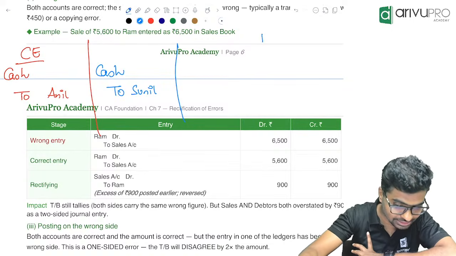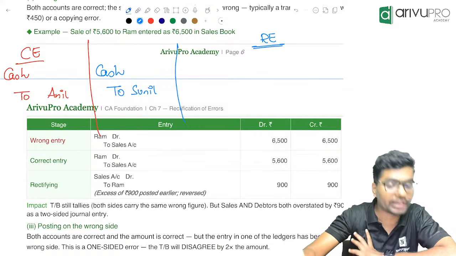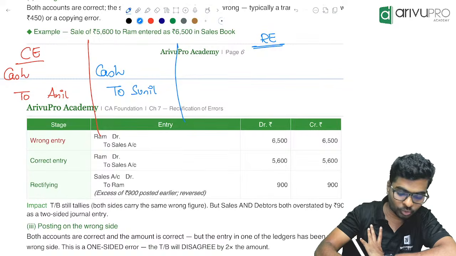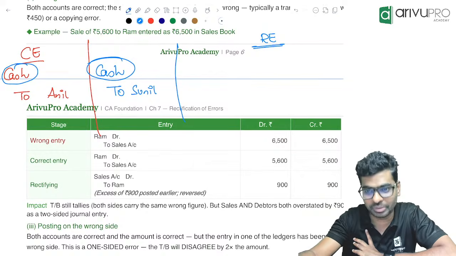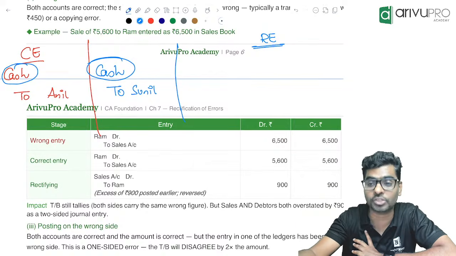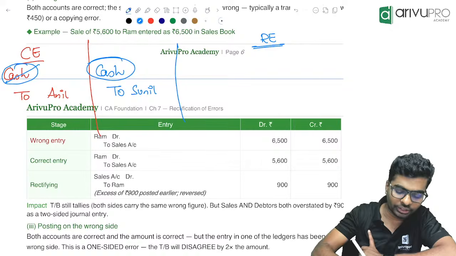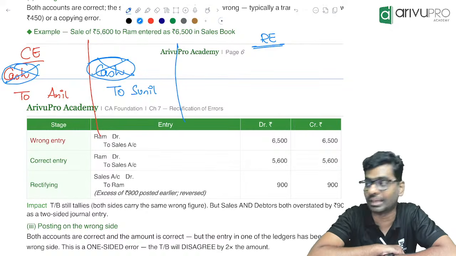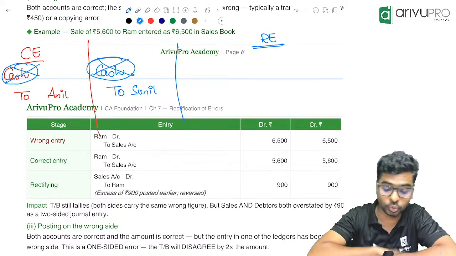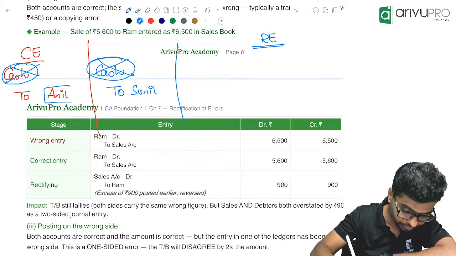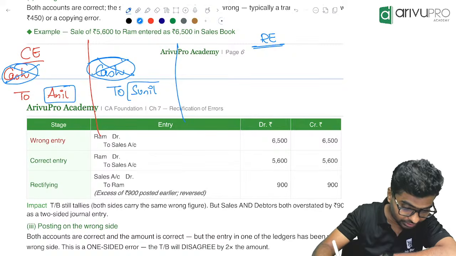Now I have to pass the rectified entry. First thing, I'll check what? My debit. Debit should have been cash. It is also posted as cash. So I don't have to touch anything on the debit. Now credit. Who should have been credited? Who's credited?